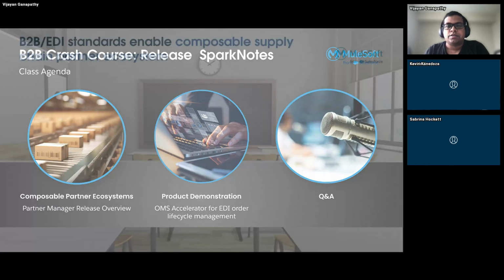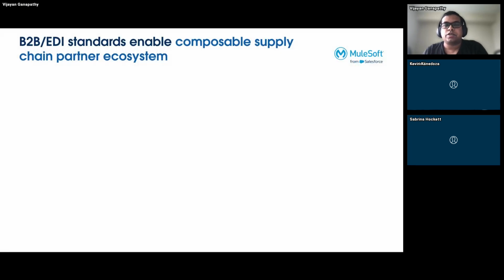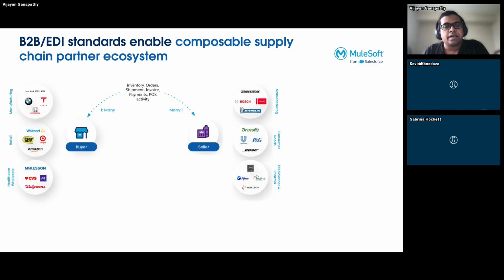To get us started, here is a quick introduction to B2B and EDI standards for anybody who is not very familiar with some of the concepts we'll be talking about in today's session. In a typical supply chain execution system, we have two kinds of organizations in any business-to-business relationship.